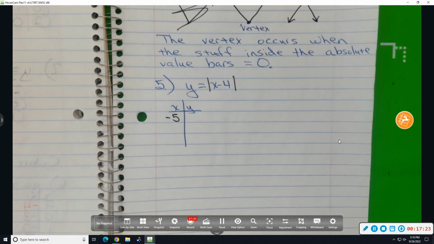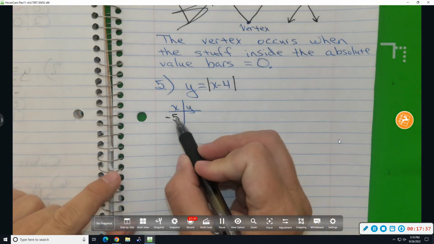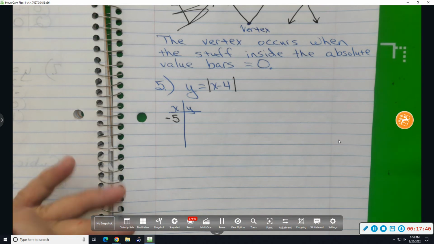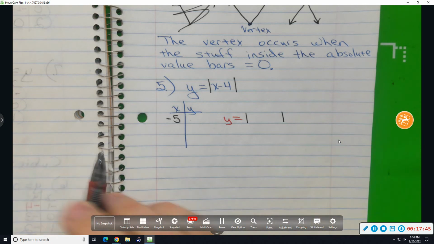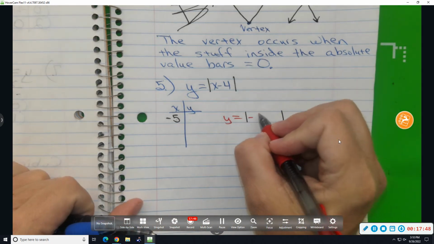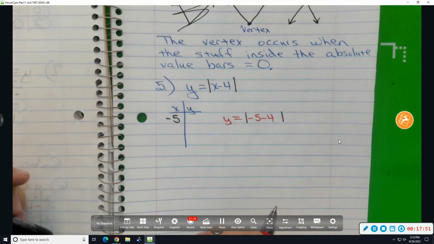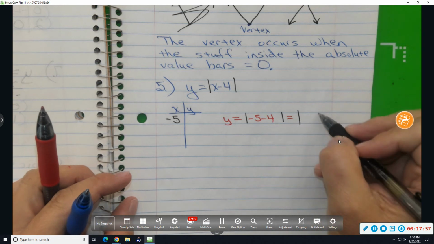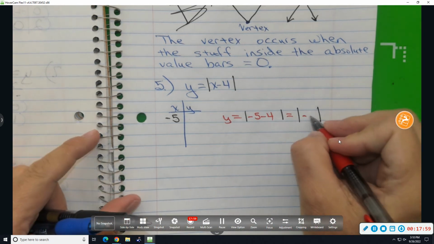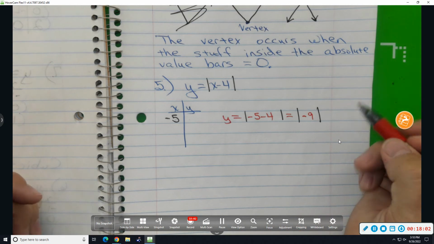I like it better when they just give us all of the x values all at once, like with the cubics. But here they're only giving us one x value at a time. Let's start off with -5. Plugging in -5 for x, we get y equals the absolute value of -5 minus 4. -5 minus 4 is -9, so we have the absolute value of -9, which is, what's the absolute value of -9?